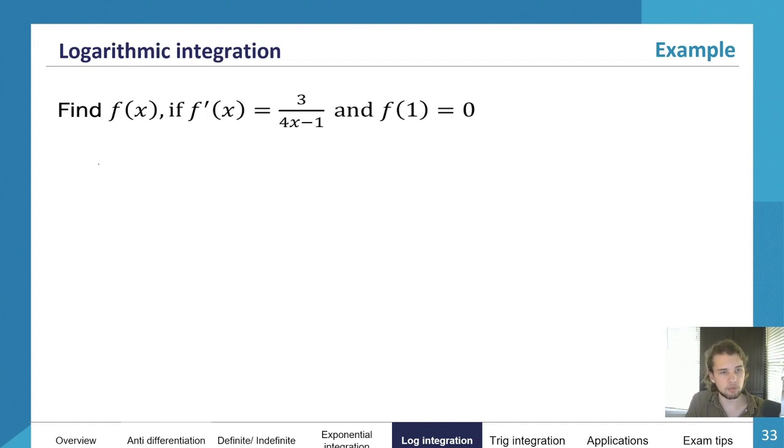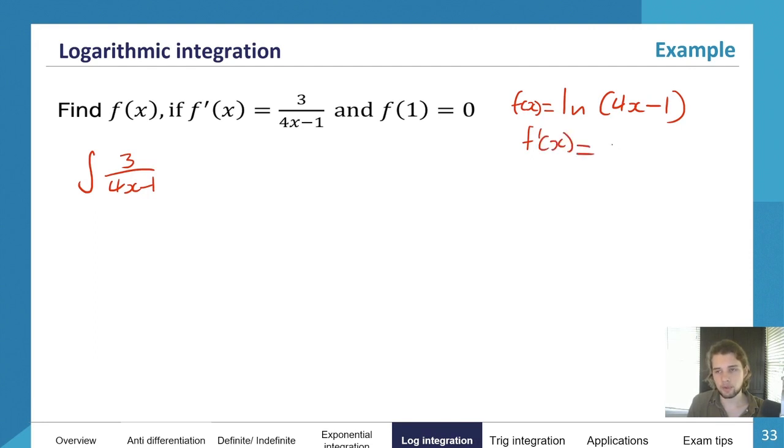Okay, so let's prove this. We're going to get the indefinite integral of 3 over 4x minus 1. Now, if I were to look at what would happen if f(x) did equal ln(4x minus 1), then the differential of f(x) would actually have to equal 4 over 4x minus 1, and instead we have 3 over 4x minus 1.